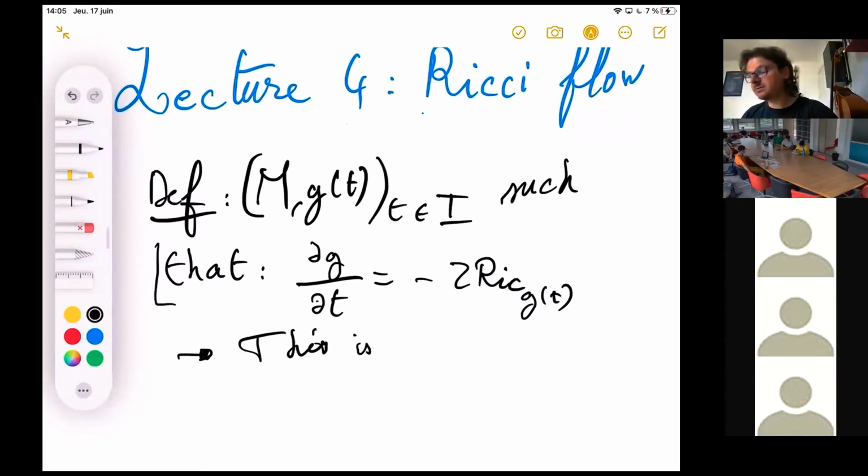If you look, for instance, in a simple system of coordinates, like harmonic coordinates or normal coordinates, the Ricci curvature in terms of the coefficients of the metric kind of looks like minus a Laplacian in some sense. So you have to be careful. It's actually degenerate, but we'll not go too deep into that.